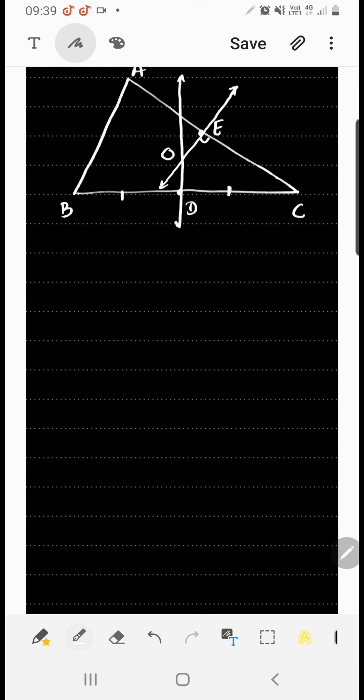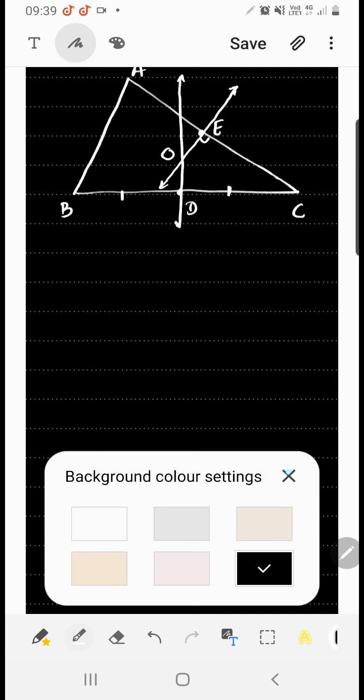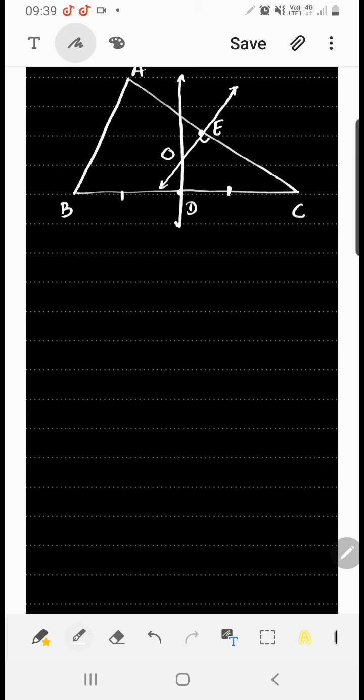Okay, and here the ratio in which the circumcenter divides the perpendicular bisector, or I can directly give you the position vector of the circumcenter. It is sine 2a a bar plus sine 2b b bar plus sine 2c c bar.